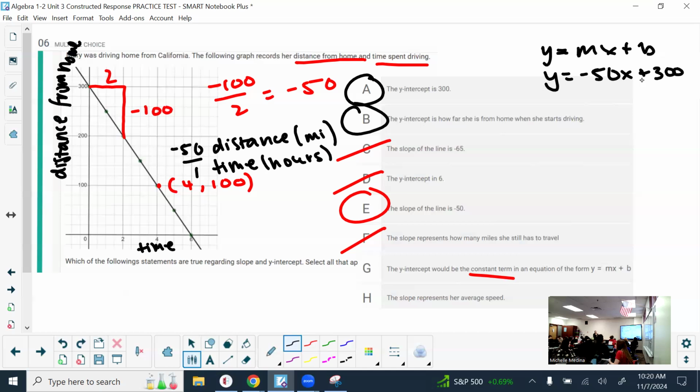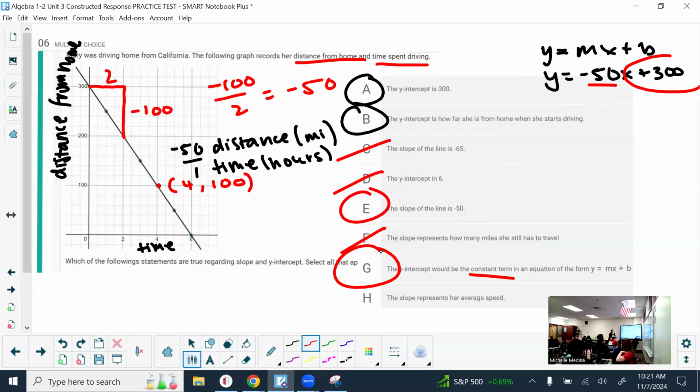Which of these would be considered my constants? No, x is a variable. The 300 is a constant because it's a single number. Constants are single numbers. Say it with me. Constants are... okay. So there's a difference between constant and coefficient. Negative 50 is a coefficient, 300 is a constant. So yes, the y-intercept, which is 300, would be the constant term in y equals mx plus b.